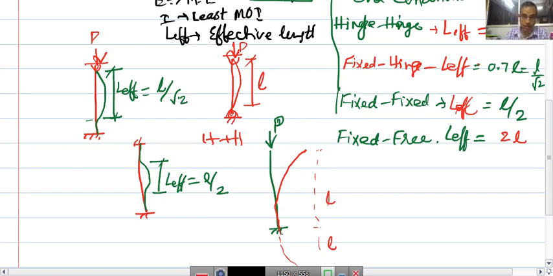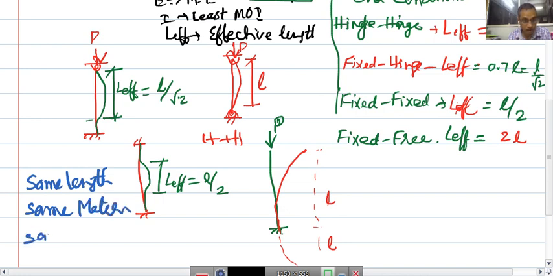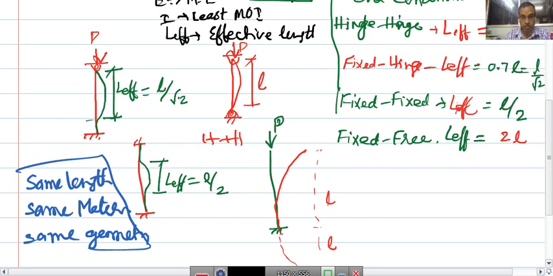So, based on this understanding, if I categorize the load capacity of the column for the same length, same material and same geometry, if you keep all three parameters same, then the highest load carrying capacity is for this fixed.